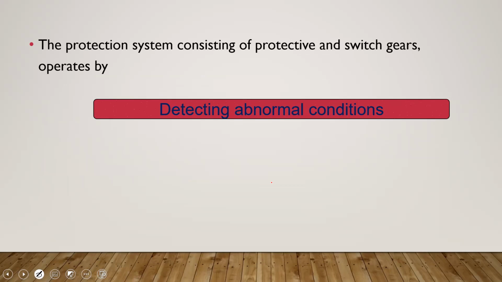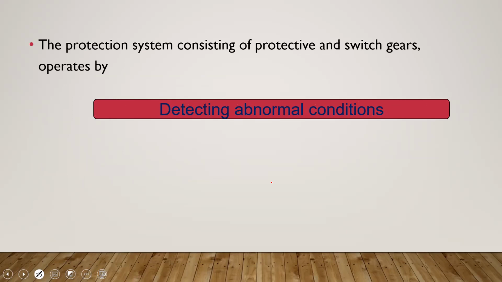All right, now, in terms of your protection system, there are four what I call stages, right? And in executing these four stages, we use what we call protective gear and switchgear.